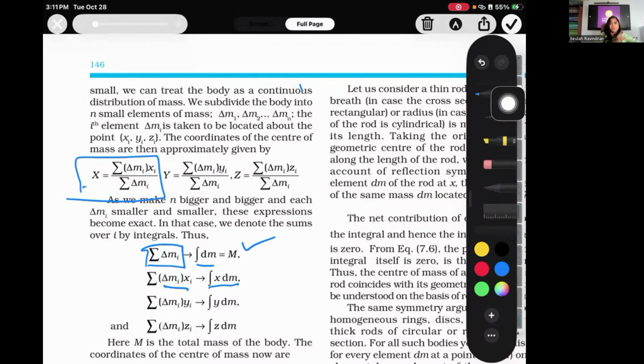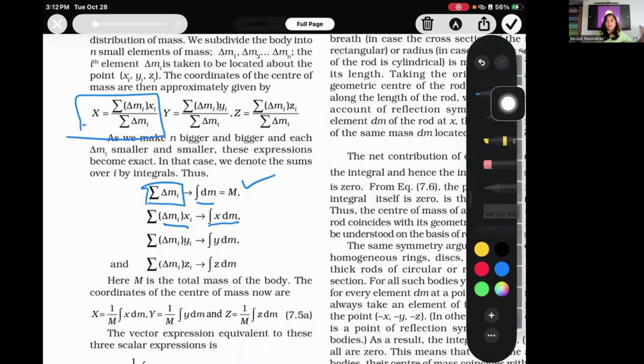As I told you, summation is possible only for discrete quantities or a discrete number of particles. Suppose you are taking the atomic or molecular level, trillions and trillions of atoms are there, so we consider that as a continuous distribution. You can differentiate, and then addition is possible by the integration format.